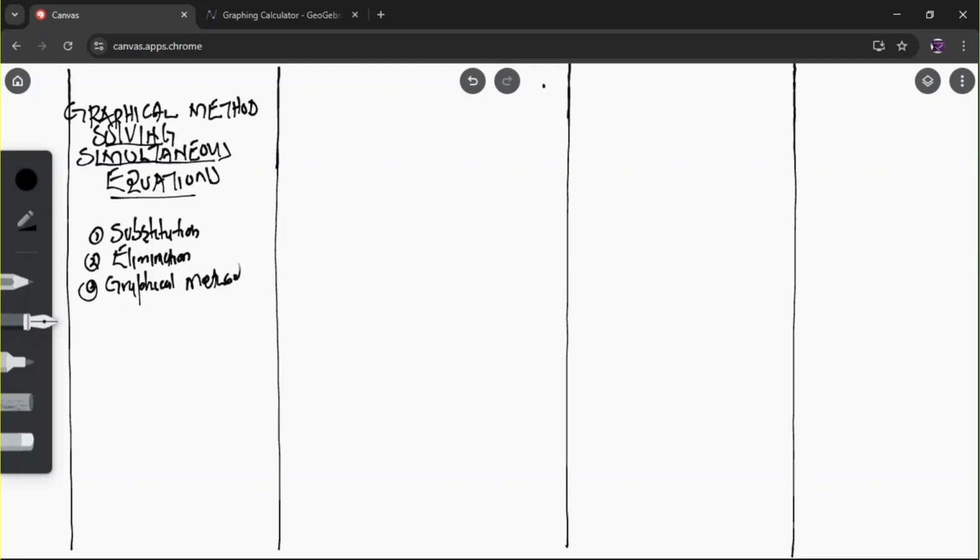So already we've discussed the substitution method and the elimination method, and I want us to have a short discussion on the graphical method. I'll pick two examples, then we see how you're going to use the graphical method to solve that.